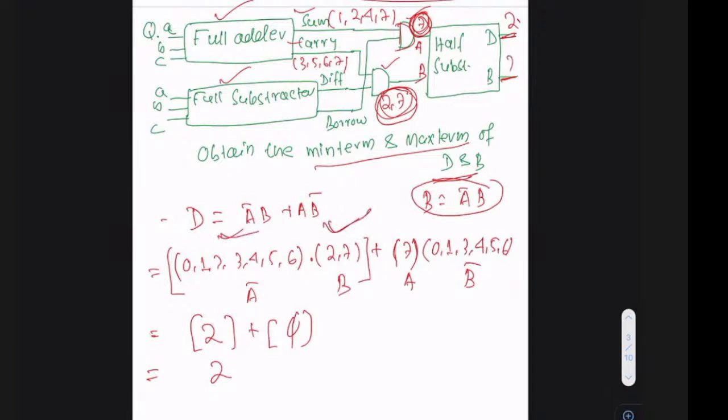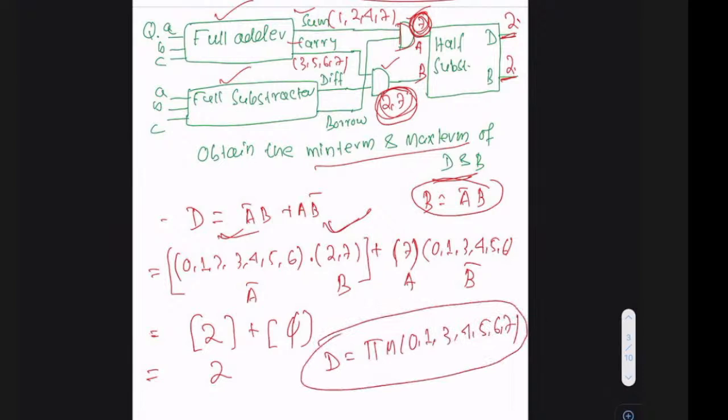So this minterm is 2 and this minterm is 2. If I ask you what are the maxterms for the difference, the maxterms will be 0, 1, 3, 4, 5, 6, 7. Except 2, all the remaining indices will come in maxterms. Same is the story for the borrow as well.